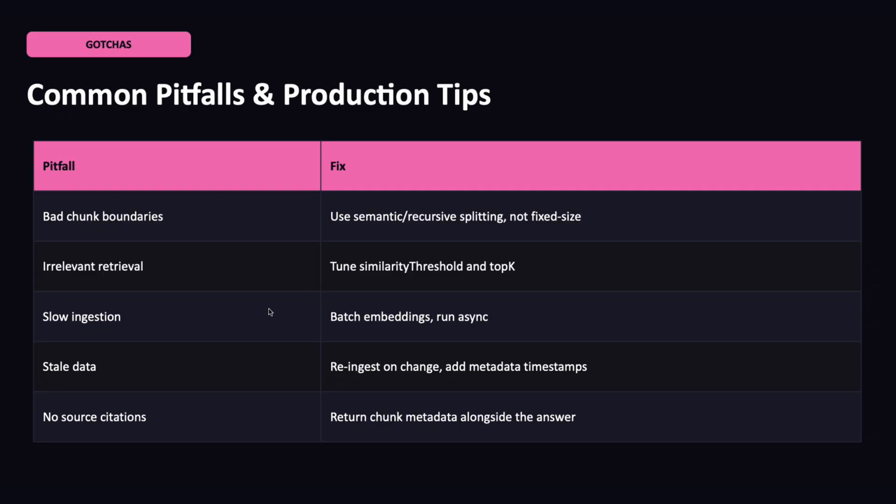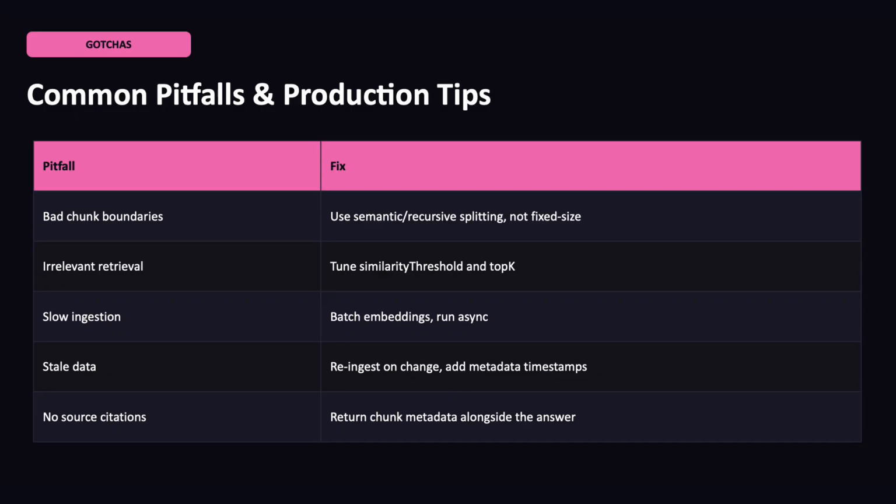Slow ingestion. If you are a company ingesting 50,000 documents overnight for a knowledge base refresh, doing that one document at a time will just time out. Batch it. Stale data. Imagine your pricing page in your RAG index still says the old price 6 months after a price increase.